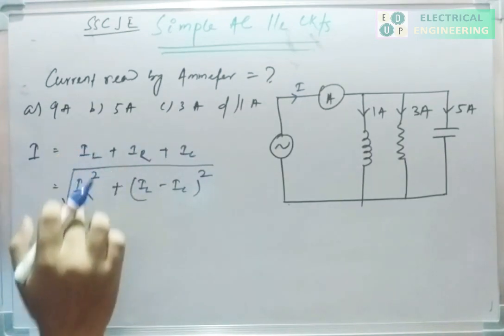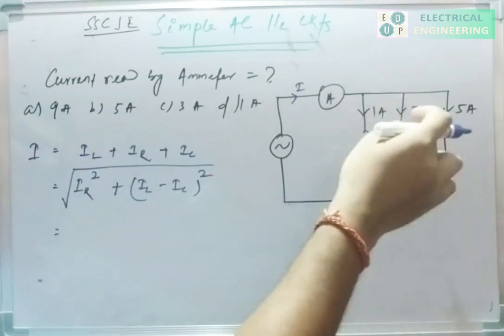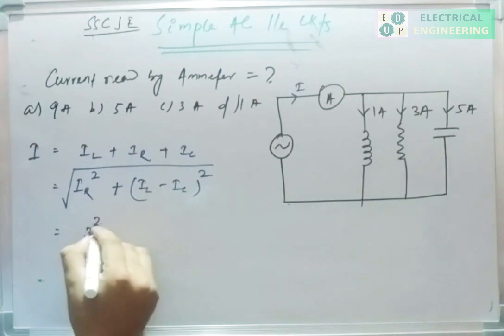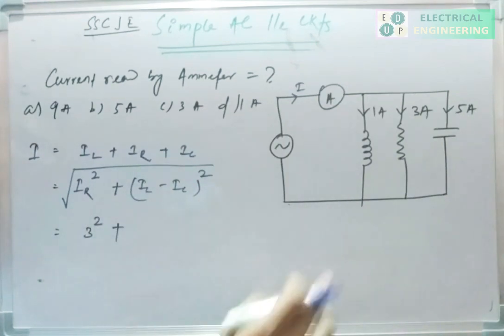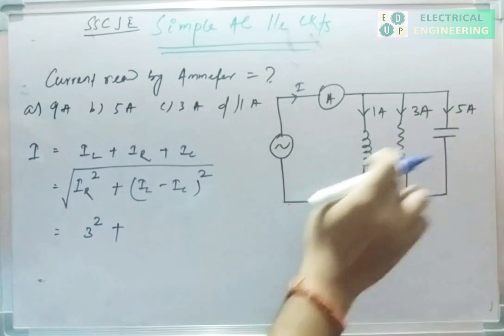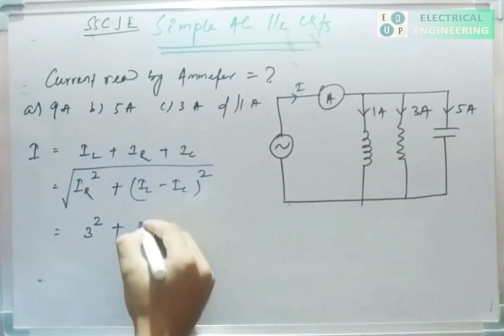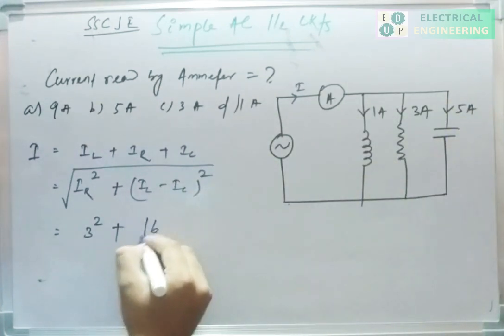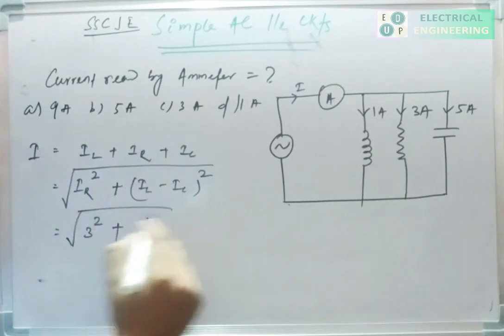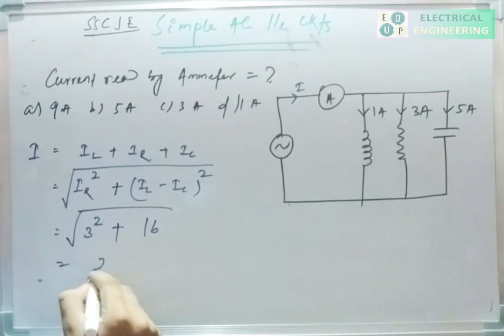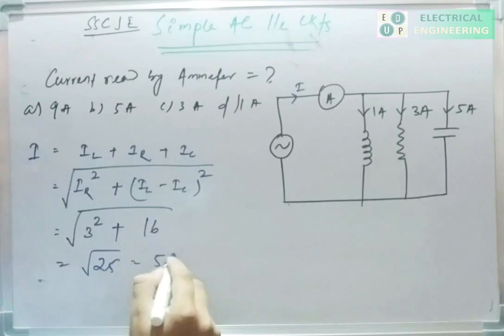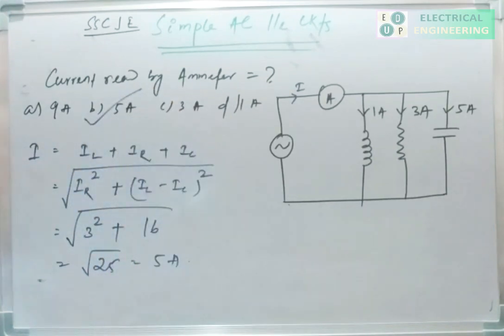So IR is given as 3 ampere, so 3 square. IL is 1, IC is 5, 1 minus 5 is minus 4, minus 4 square is 16. 9 plus 16 is 25, square root is 5 ampere. So the answer is B, 5 ampere. Okay, it was very easy. So let us go to the next question.